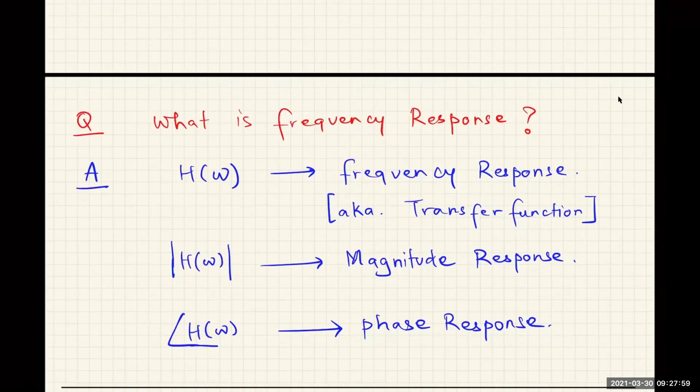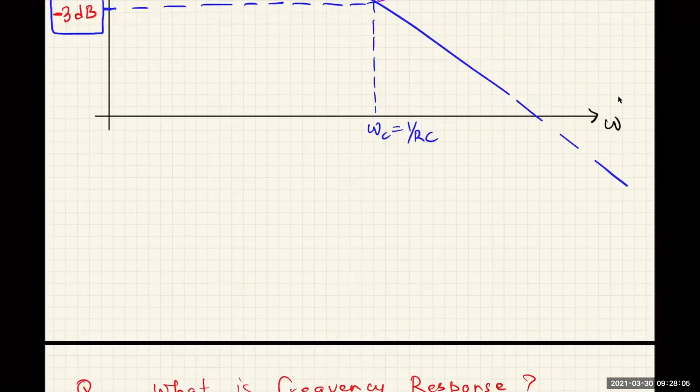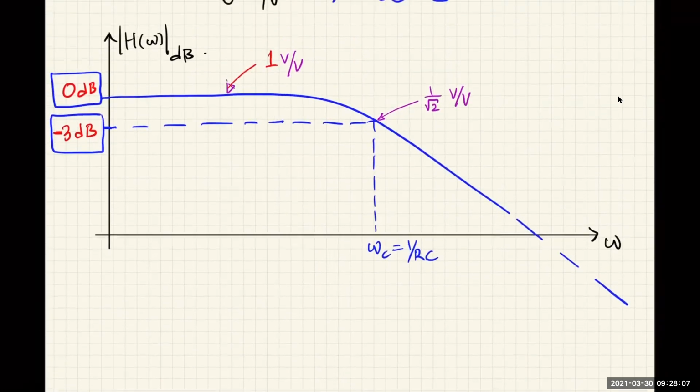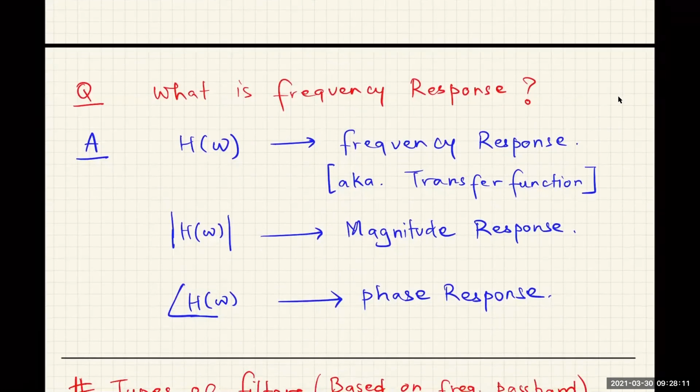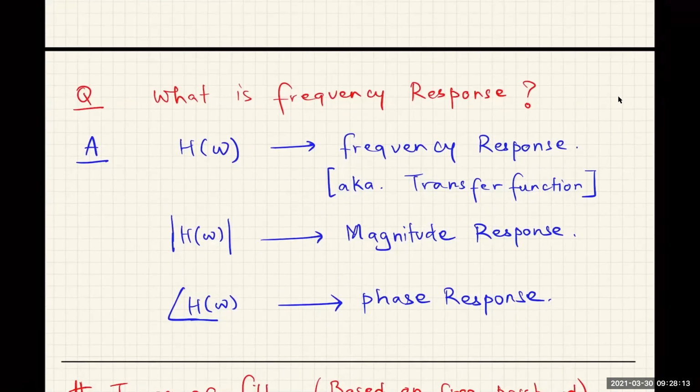So when doing this lab, you'll come across this term called frequency response. So this frequency response is basically what we just drew. Okay, so this is the magnitude response because it's plotting the magnitude of the gain or the transfer function as a function of frequency. And if you plot instead the phase of this complex gain as a function of frequency, then that's called the phase response.